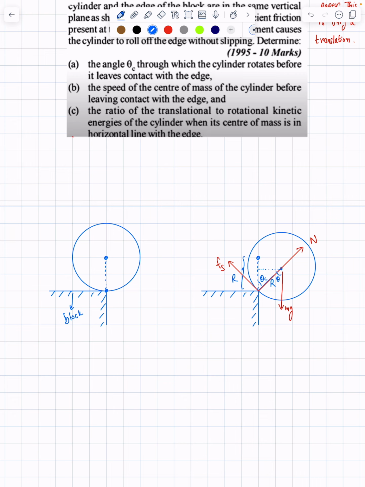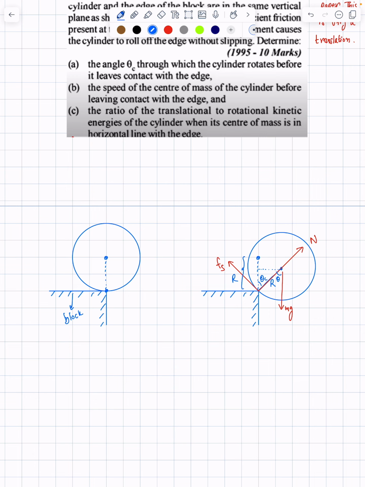Because the cylinder is rotating, the center of mass of the cylinder is rotating around the edge of this block, so there has to be a centripetal force, and that will be provided basically by mg and the normal force. So let's find the component of these forces along the radial direction.